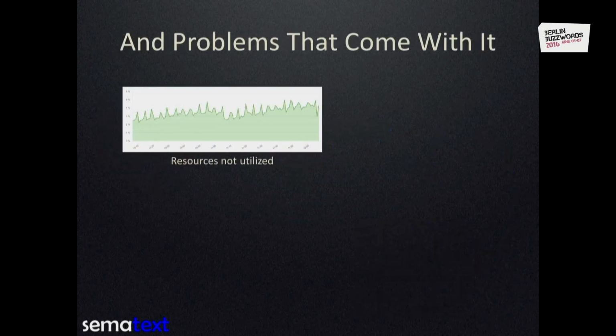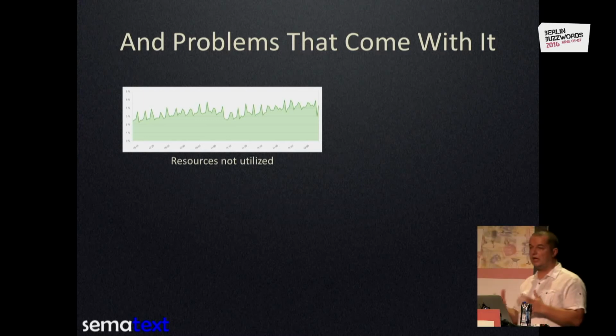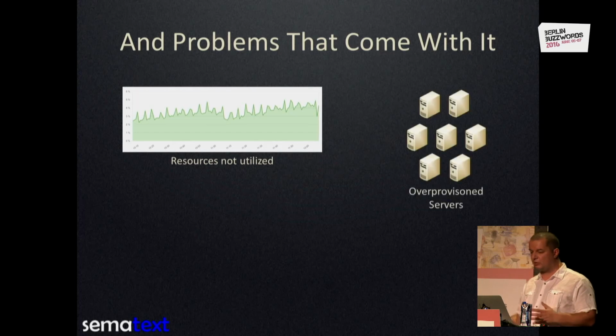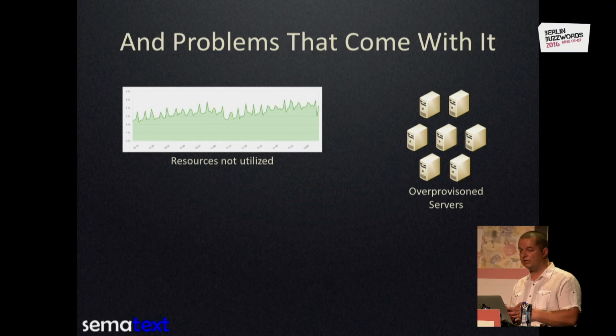The problems that come with it are at least three, the main ones. First of all, the resources are not utilized in an 80 or 90 or 100% way. That means that we are more or less losing money because if we over-provision our servers, we have some kind of processing power that we do not use, and we do not want that. Of course, some overhead is needed always, right? Because we need to be prepared for those spikes in usage and all of that. However, still, the over-provisioning is usually money that we lose.